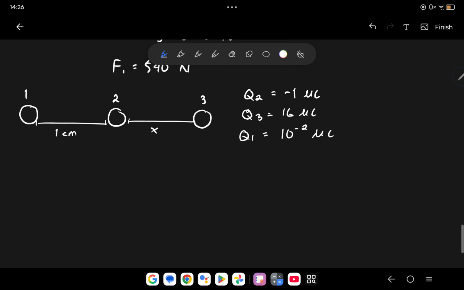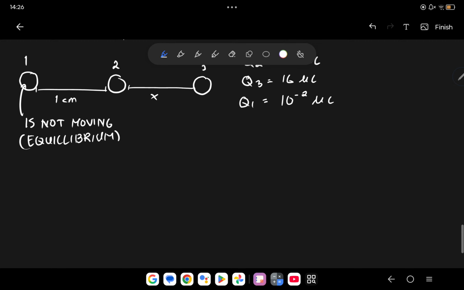And we know that this first charge is not moving, or in other words, it's in equilibrium. I think that's how you spell it. Equilibrium. Yeah, it's not moving, or it's in equilibrium. So now the question is, what is distance x?